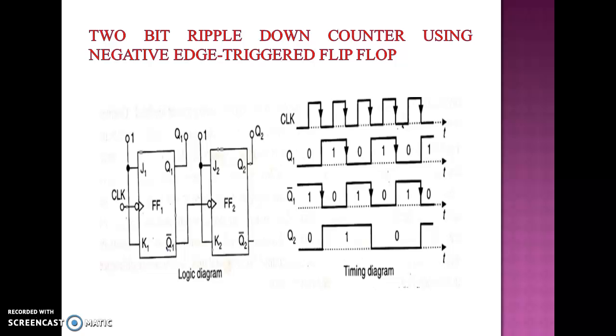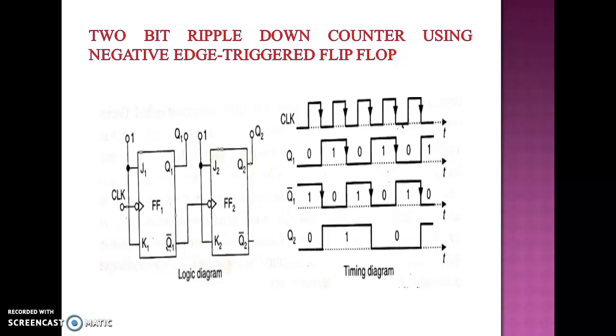When we apply the second clock pulse, Q1 changes from 1 to 0 and Q1 bar from 0 to 1. The positive going signal at Q1 bar does not affect flip-flop 2, and so Q2 remains at 1. Hence, the state of the counter after the second clock pulse is 1 0.